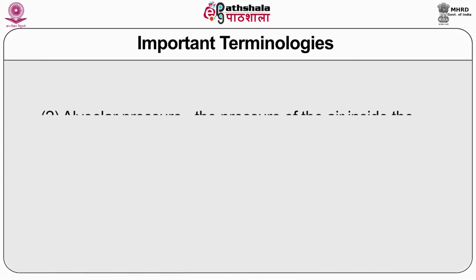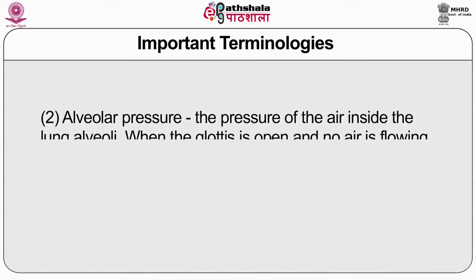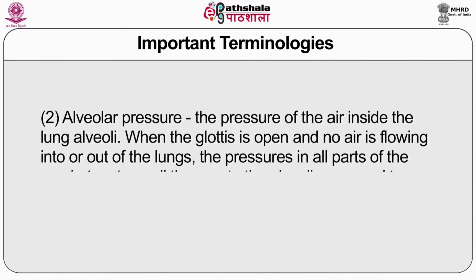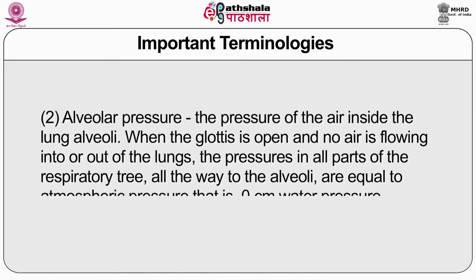Next terminology is alveolar pressure. The pressure of the air inside the lung alveoli is called alveolar pressure. When the glottis is open and no air is flowing into or out of the lungs, the pressures in all parts of the respiratory tree all the way to the alveoli are equal to atmospheric pressure, that is 0 centimeter of water.